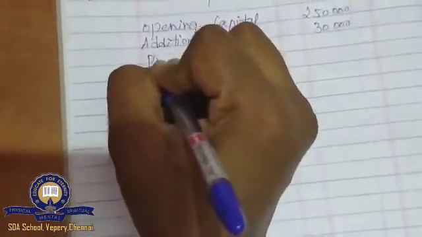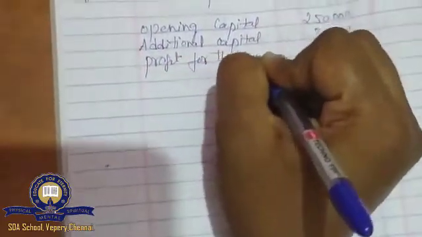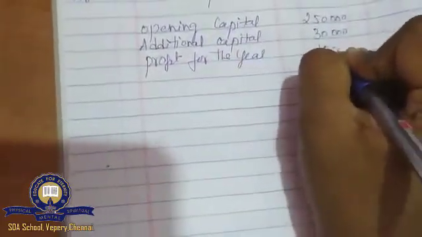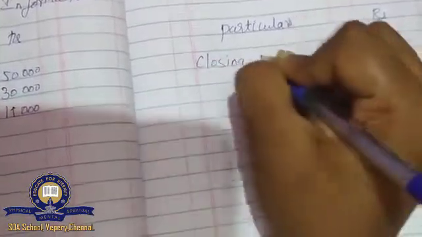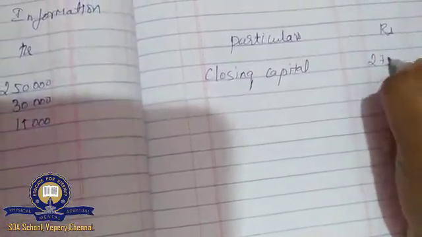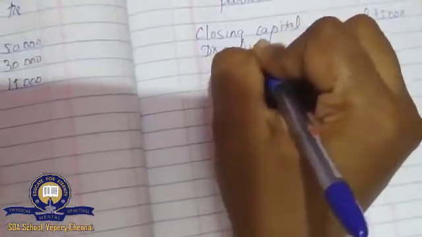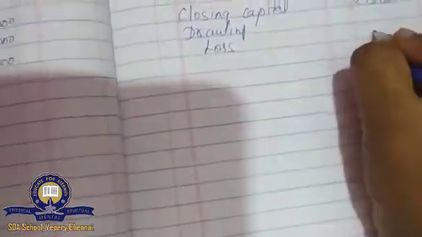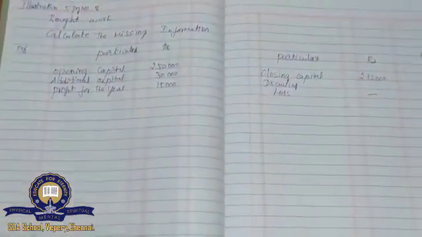They have given the profit for the year, 15,000. Then in the credit side, closing capital. Closing capital amount is 2,75,000. Then drawing, we are going to find out. Loss they didn't give, so put a dash. In the debit side or credit side, which side is the greater amount?